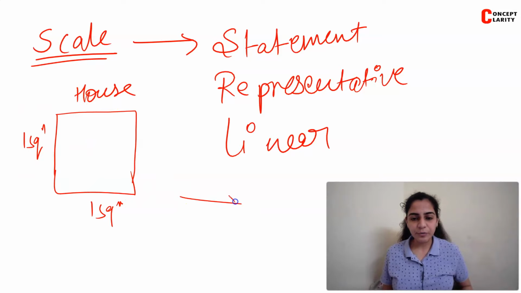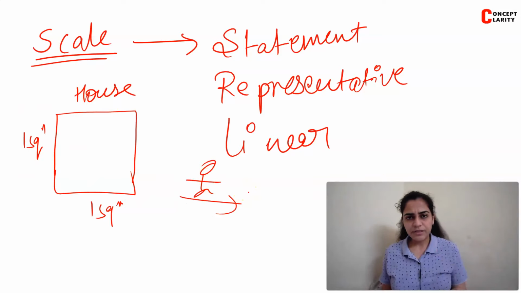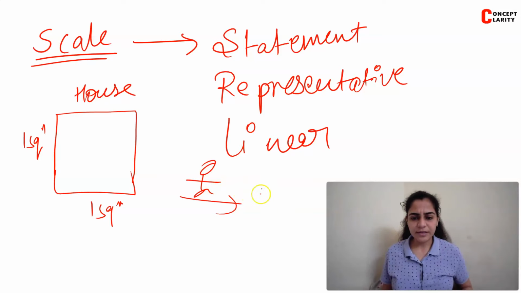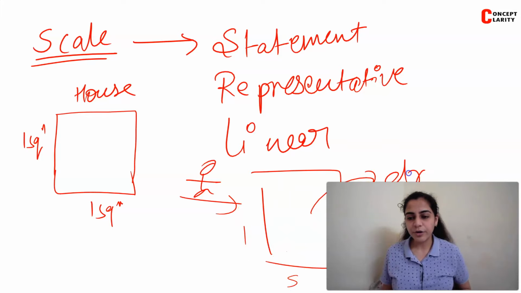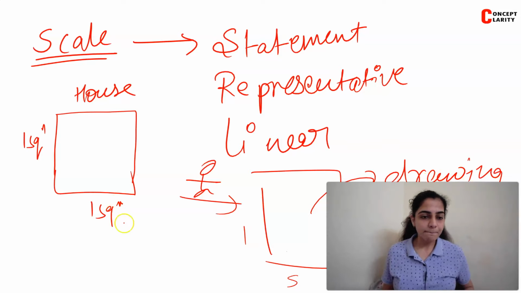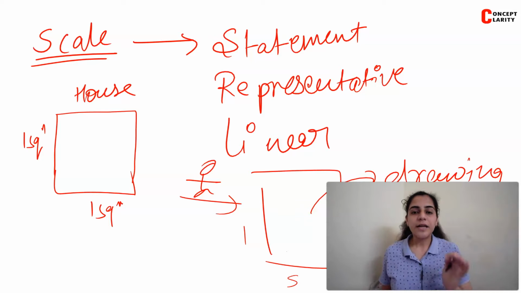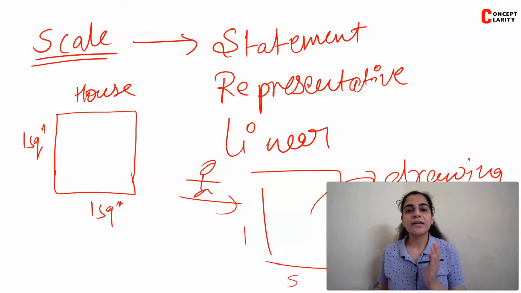If I give this to my friend as a reference of my house, this house without any dimension is equivalent to a drawing of a kid of 6th or 5th standard. But whenever you give any drawing some measurements, that is known as scale.